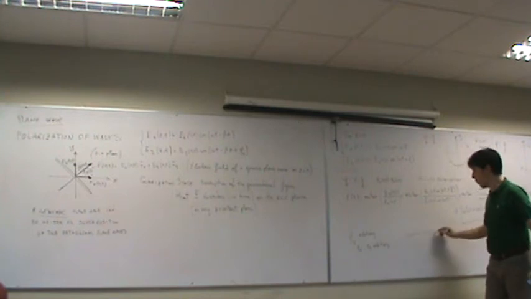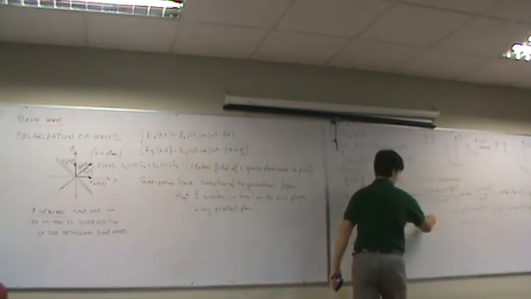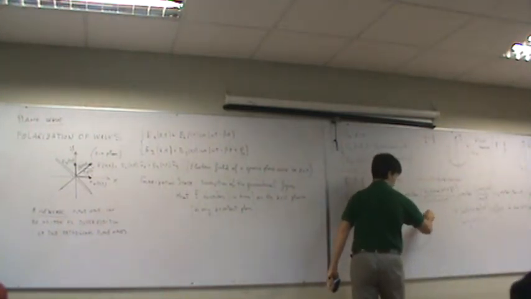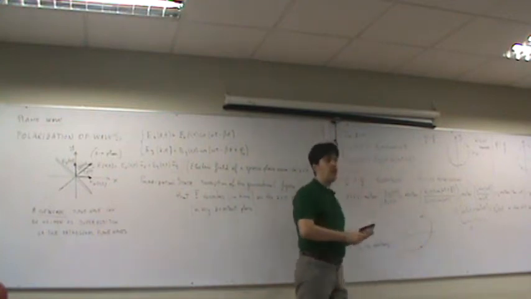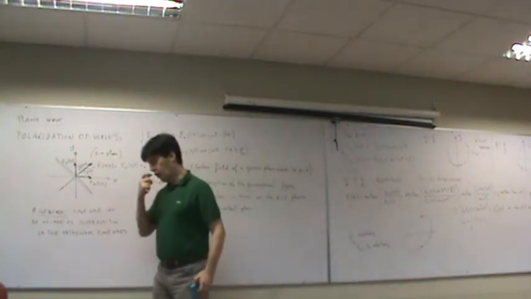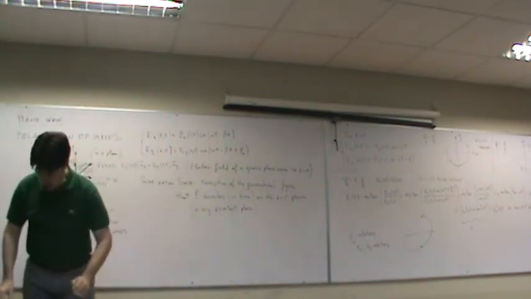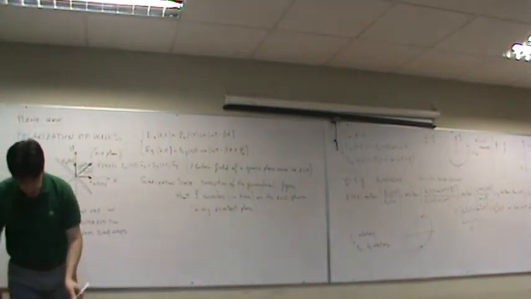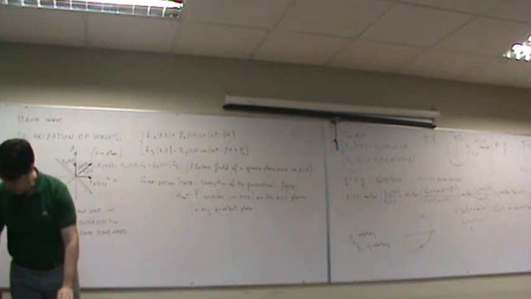In general, what you find out is something like that. The geometrical figure is an ellipse. So the most generic situation is elliptical polarization.